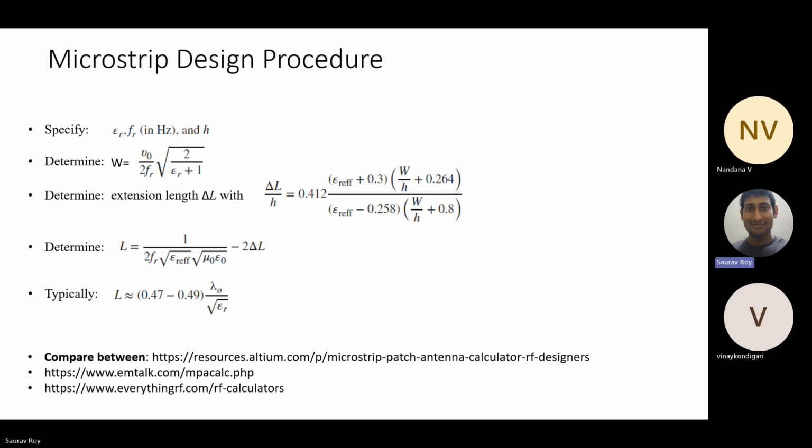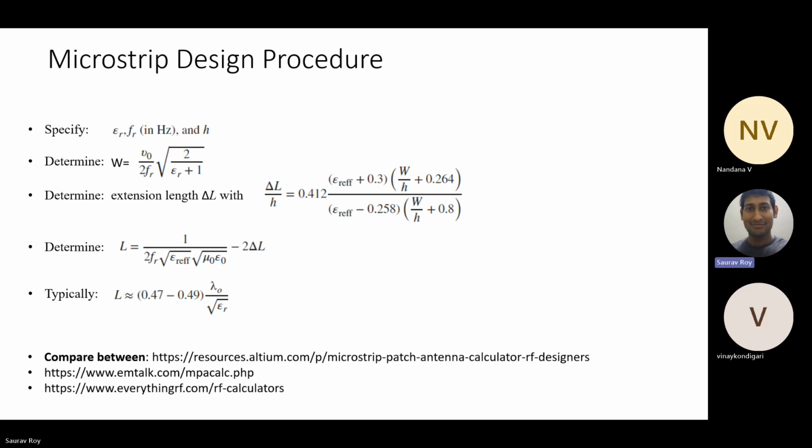Then we determine the width of the microstrip antenna from this formula, and then we calculate the extension length, delta L, from this formula, delta L by H. With all this, we can calculate the actual length: the normal length minus the extended length.